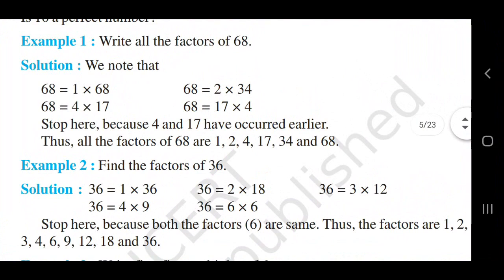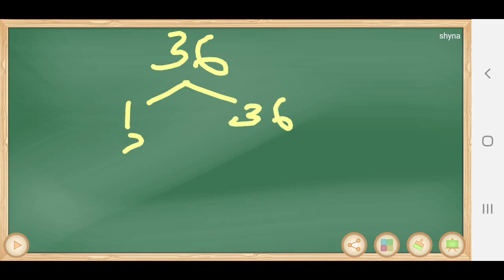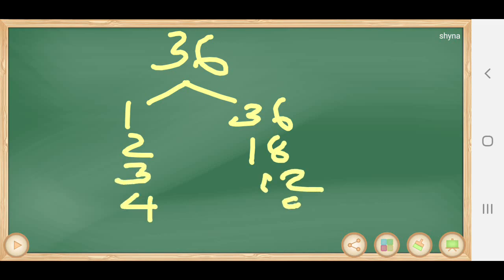Next step. Find the factors of 36. How can you do it? 36: 1 into 36, 2 into 18, 3 into 12, 4 into 9, 6 into 6. Last one 6.